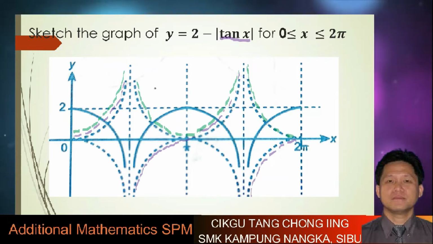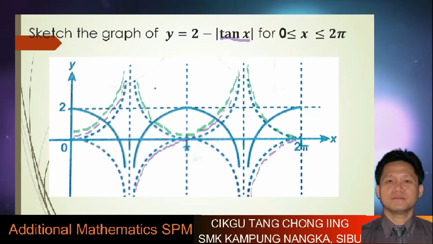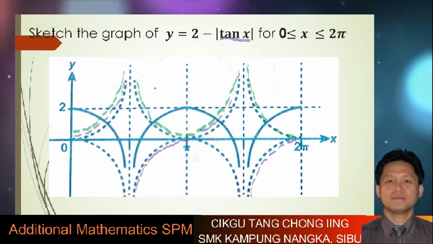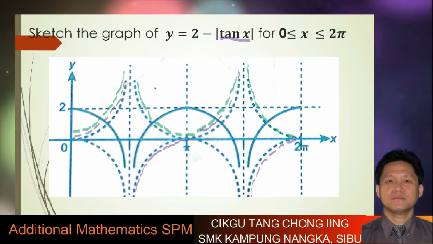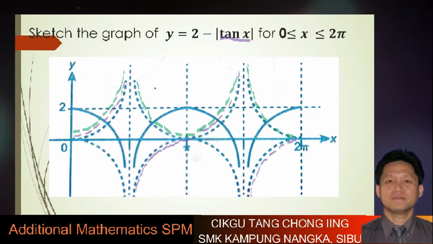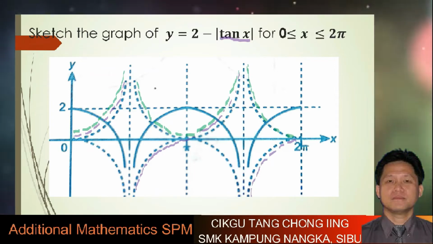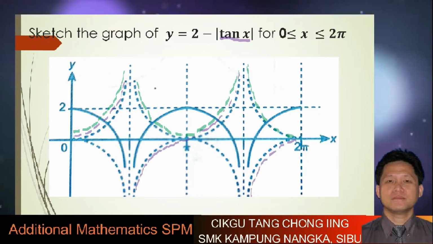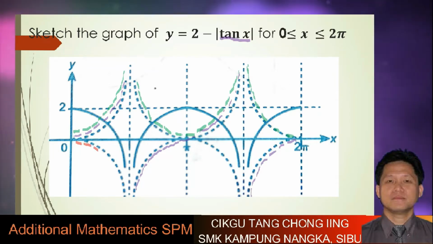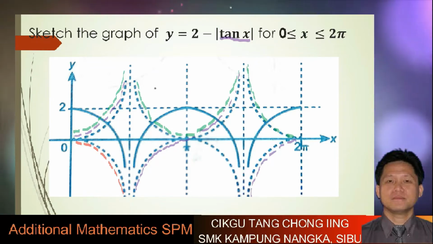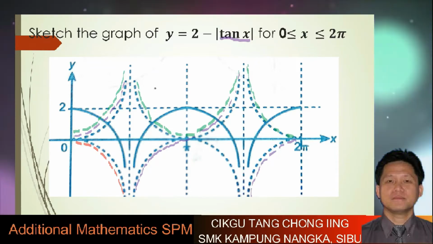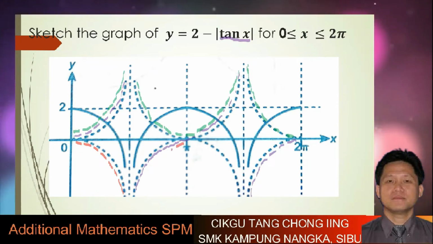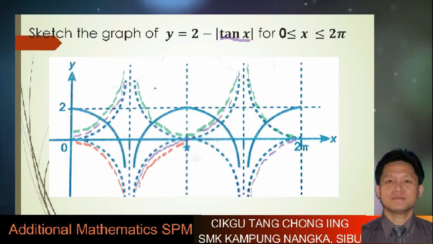So negative means the whole graph will be reflected at the x-axis. So when it is reflected at the x-axis, meaning it will come down here. For the first quadrant, comes down here. Then the second quadrant, now we come back to this part.